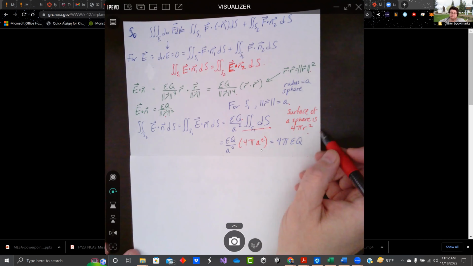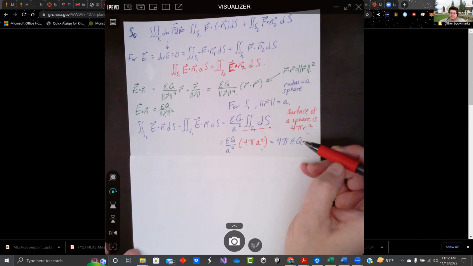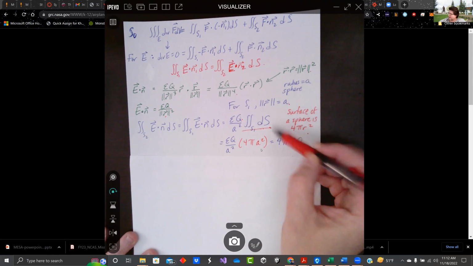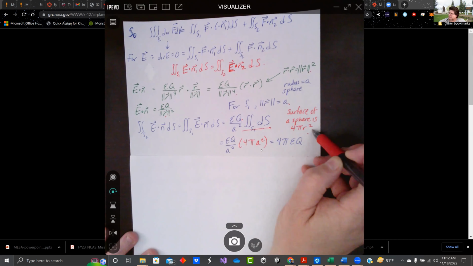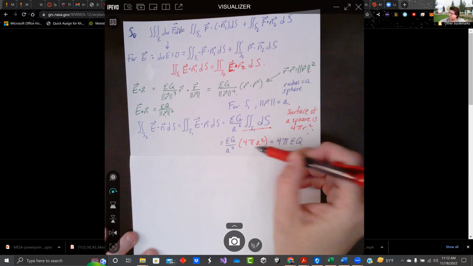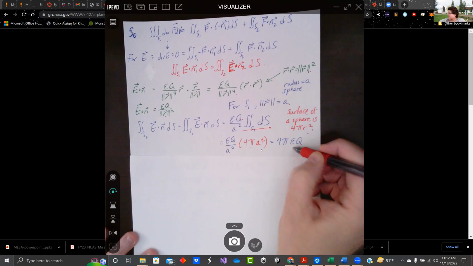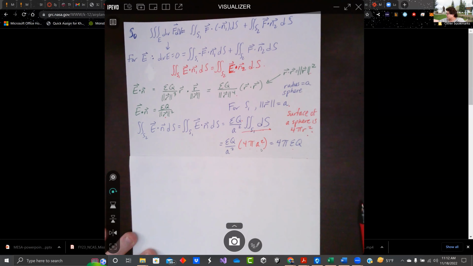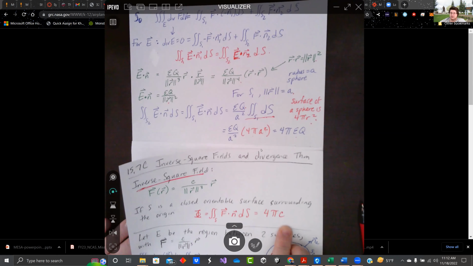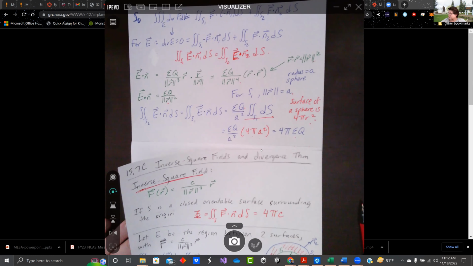Or you could work it out using theta and phi, but you could go with 4 pi r squared. R squared is A squared, so 4 pi A squared times EQ over A squared. We get 4 pi times EQ. Remember, C was our EQ, and we got our 4 pi EQ.